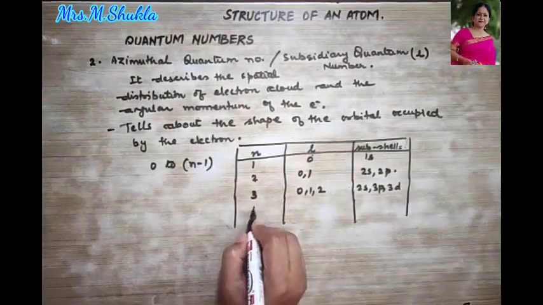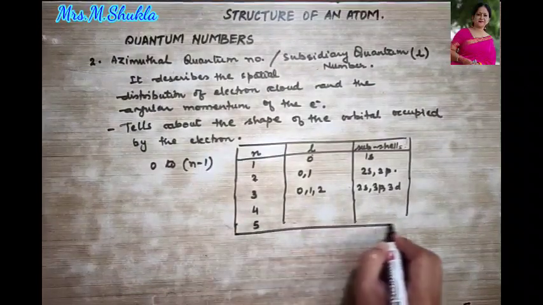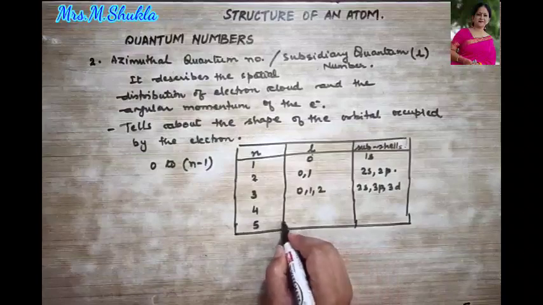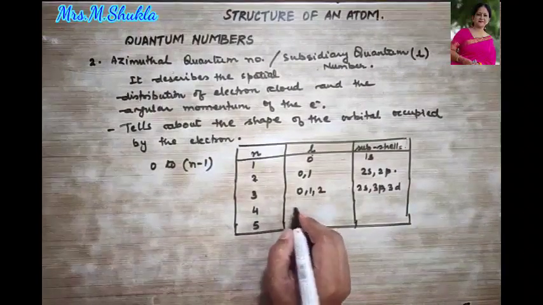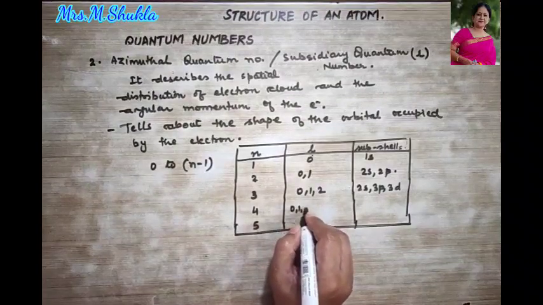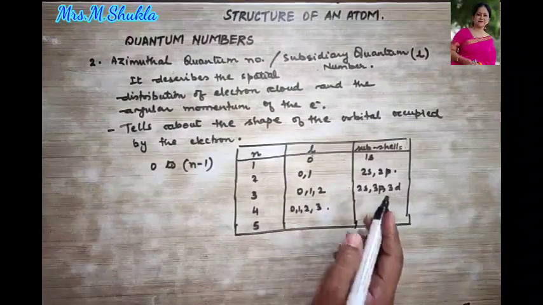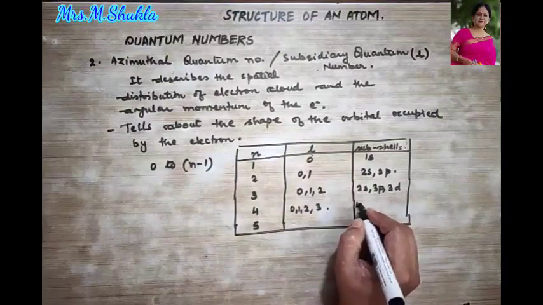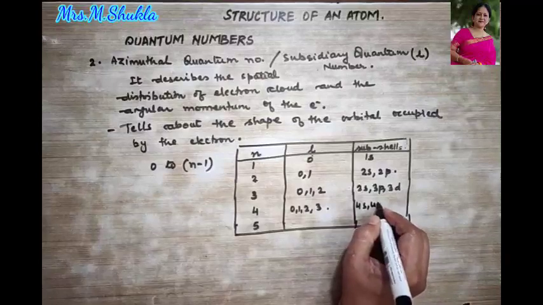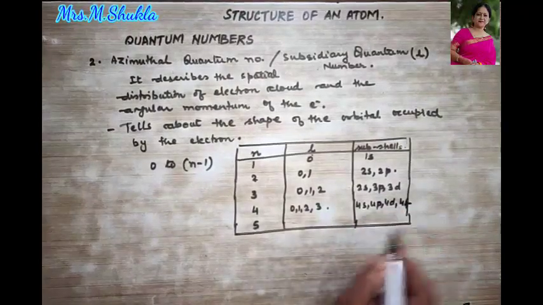Then let me take 4 and 5, and that is enough for you to understand. If n is 4, the azimuthal quantum numbers are 0, 1, 2 and 3, so the subshells are 4s, 4p, 4d and 4f.